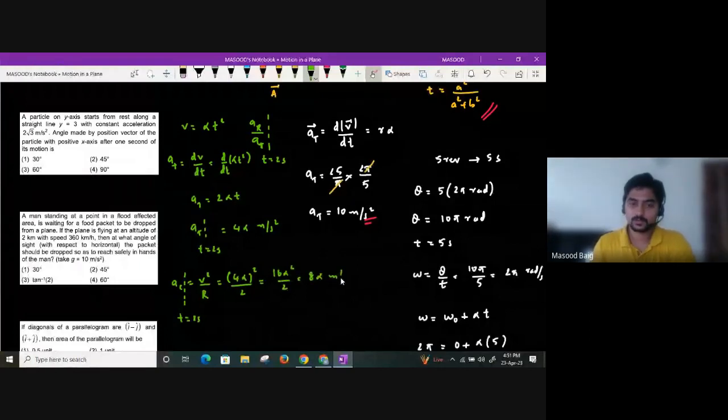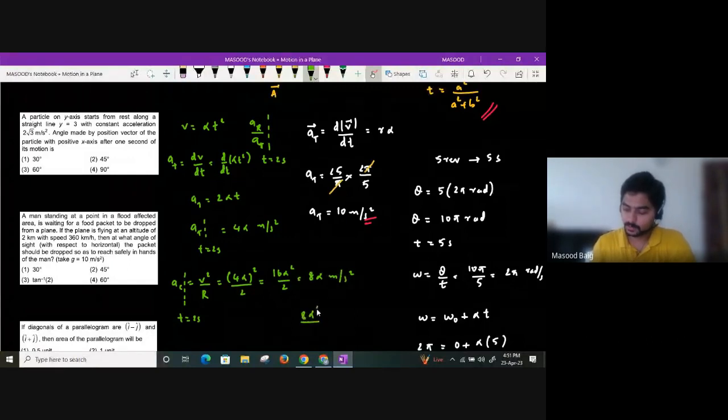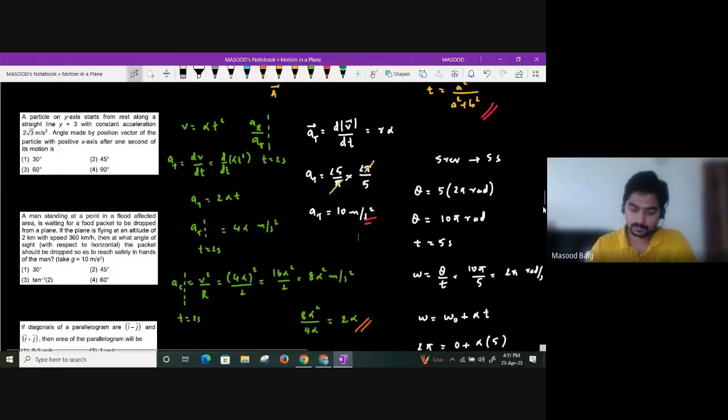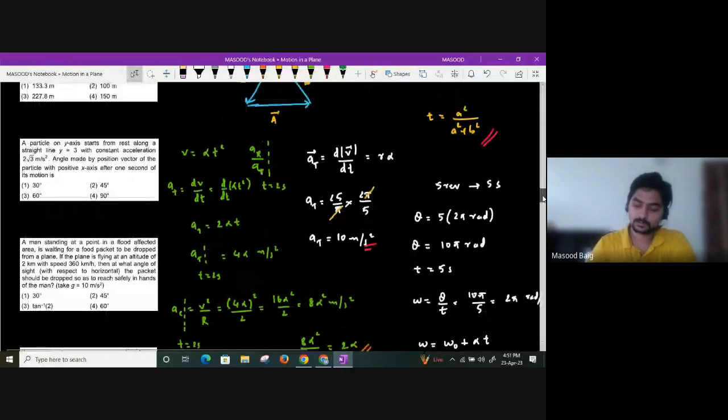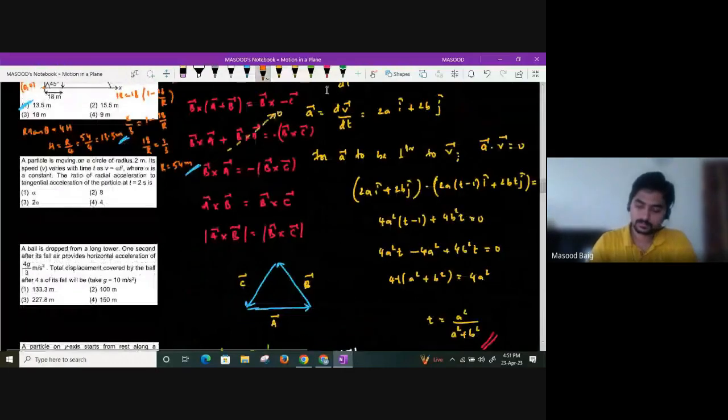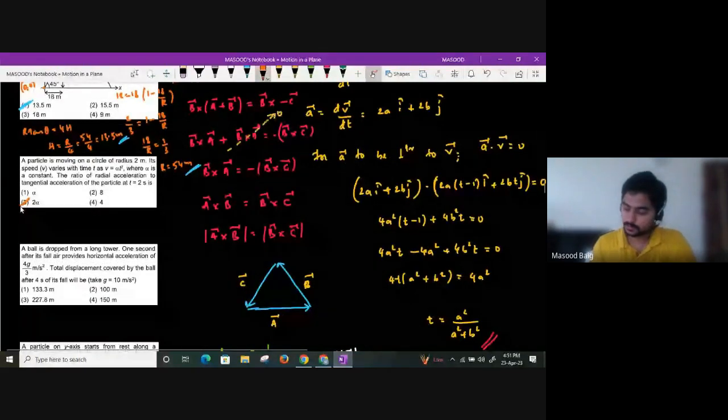So what is the ratio? It will be 8 alpha square divided by 4 alpha, which turns out to be 2 alpha, guys. Clear, everyone? Understood? Yes or no?